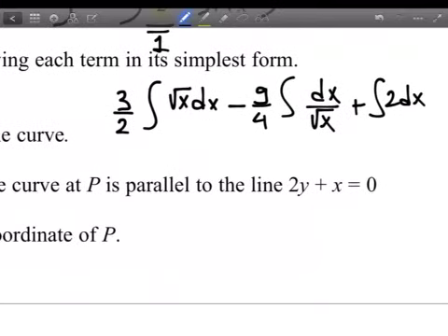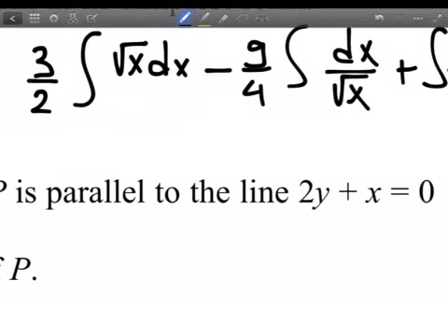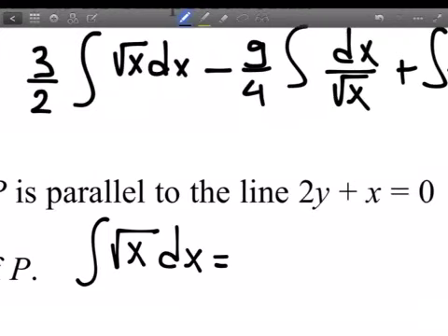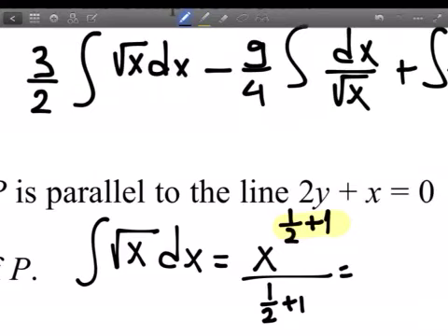And I want to recall a rule about finding the integral of square root of x. An easy way is to write square root of x as x to the power of 1 over 2, and we just add 1 and divide by the new power, 1 over 2 plus 1. That will be x to the power 3 over 2 over 3 over 2.